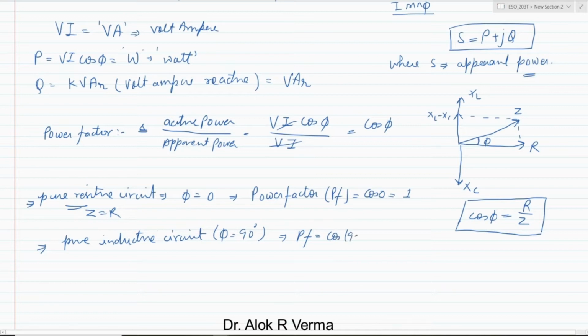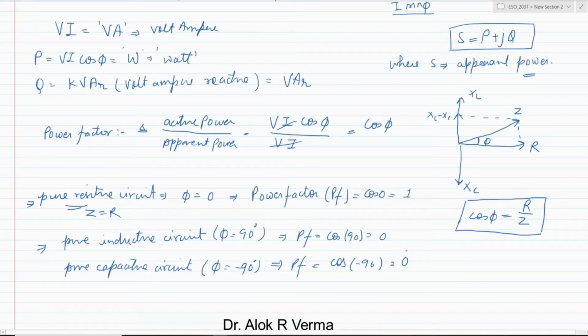Cos of 90, which is 0. Similarly, for a pure capacitive circuit, phi is minus 90, correct? Which implies power factor is nothing but cos of minus 90, which is cos of 90, which is again 0, not degree, sorry.